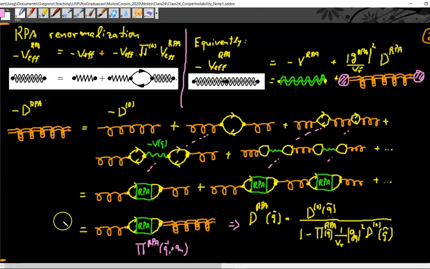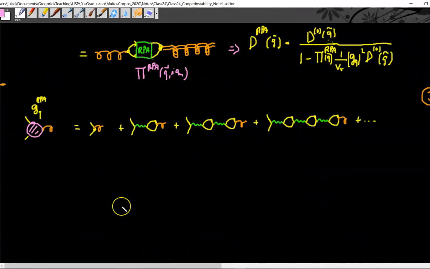So let's take a look at the vertex now. Why would the vertex be renormalized by RPA as well? Here I'm adding these tiny lines just to make sure that we understand the expansion that we're about to make. The typical phonon vertex, the one that is not renormalized, looks like this one.